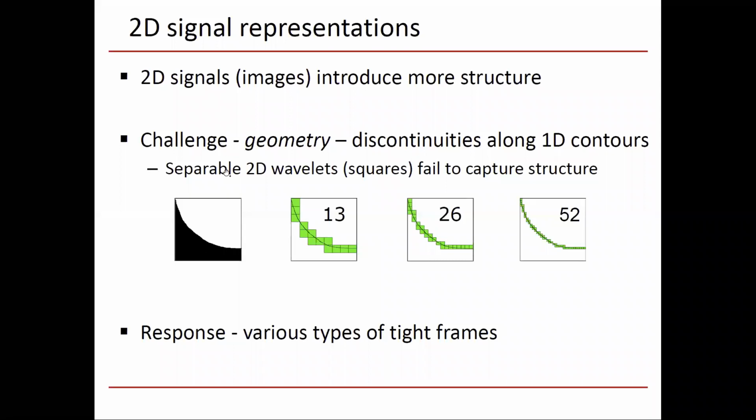And on the other hand, the response of the signal processing community has been various types of frames. Again, we're going to discuss frames, and what these frames actually do is, instead of having squares that are separable, they have non-separable shapes that are not just rectangles, but rotated rectangles.